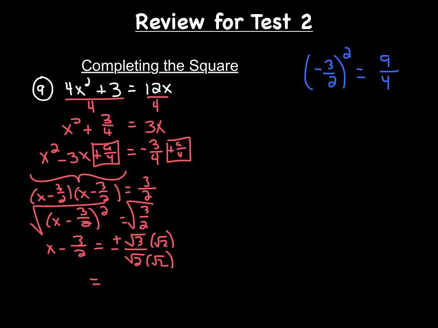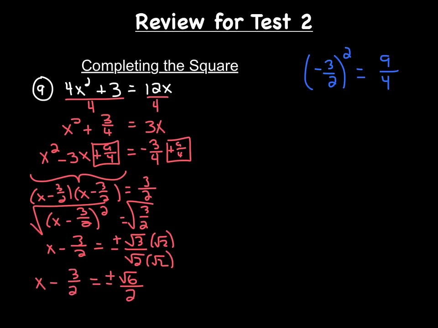So radical 3 times radical 2 is radical 6, and radical 2 times radical 2 is radical 4, and radical 4 just simplifies to 2. Alright, so at this point we have x minus 3/2 equals positive and negative radical 6 over 2.